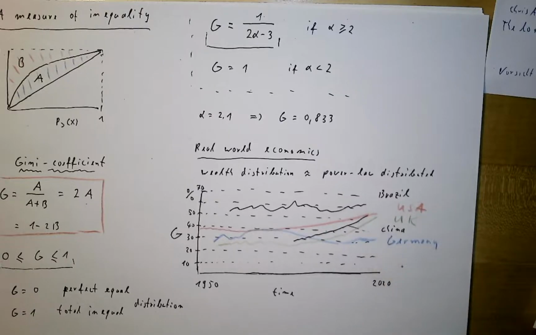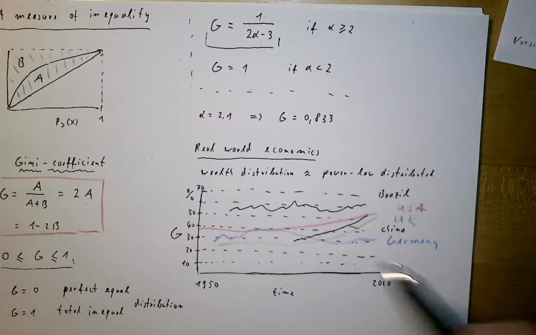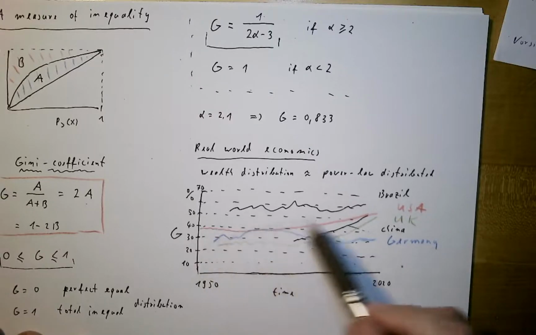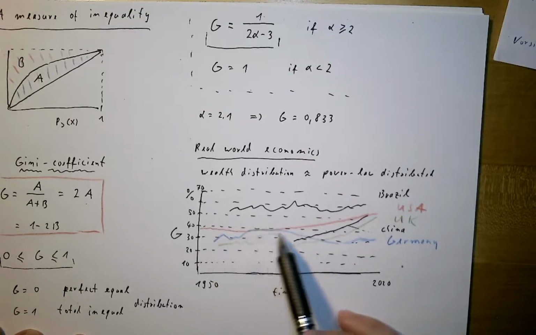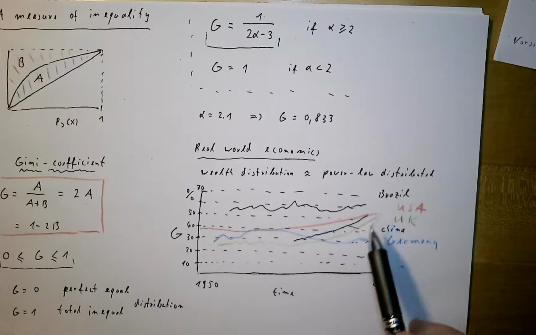Yeah? Of course, if we now take it more neutral and say, okay, we have a general power law distribution of whatever, of your email contacts and so on and so forth, then you can also see, like in phone calls, for example, how the Gini index increases over time.